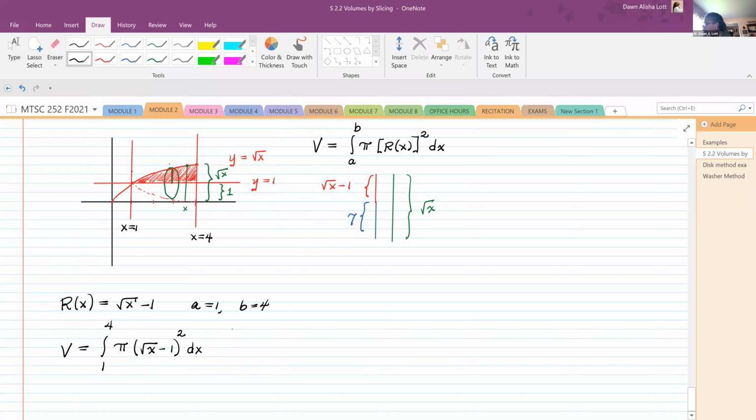Okay, so this is pi times the integral. I really don't need to compute this. Y'all know how to integrate. This becomes 7 pi over 6.